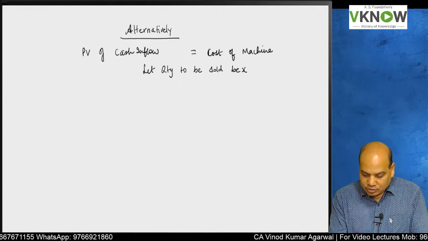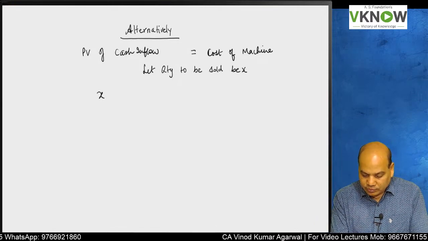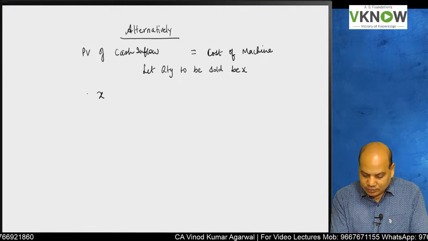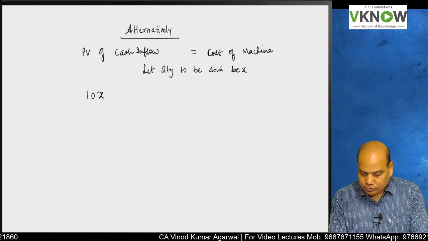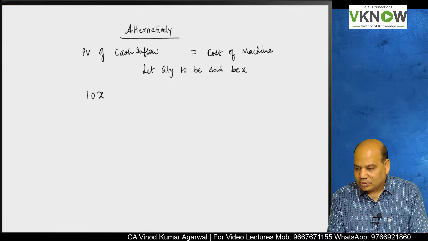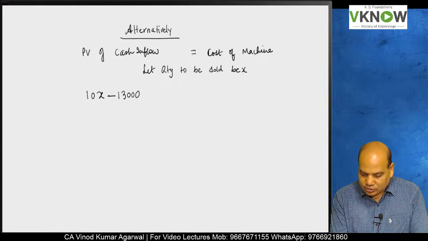So my total contribution will be X into, what was my contribution per unit? 10. My total contribution will be 10x. 10 is the contribution per unit, quantity sold is X, minus my relevant fixed cost 13,000.